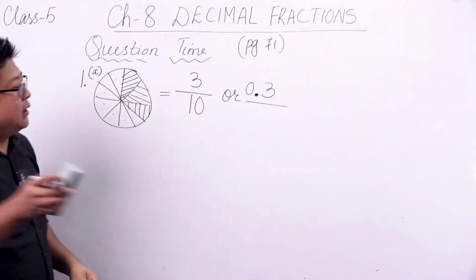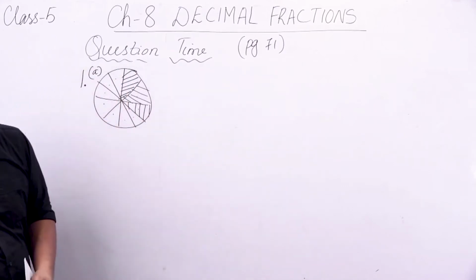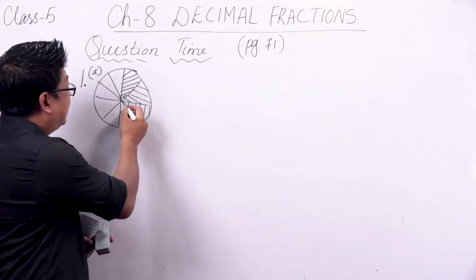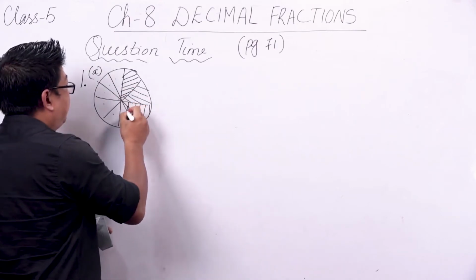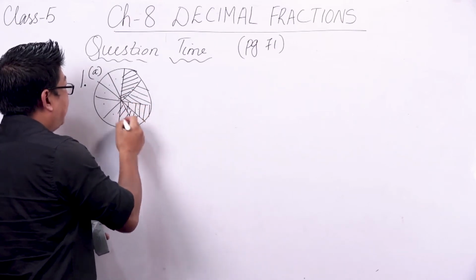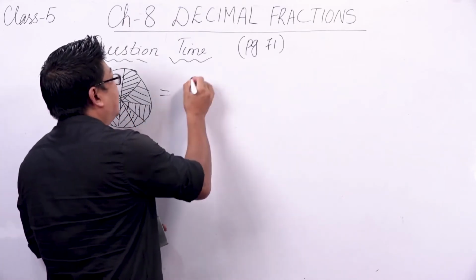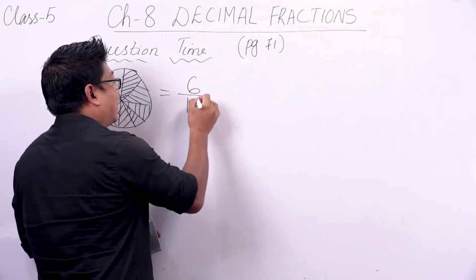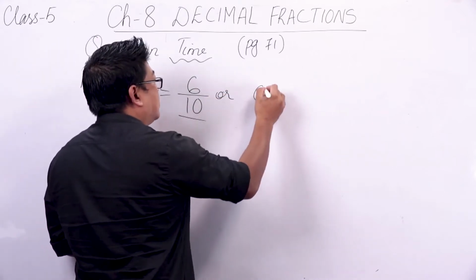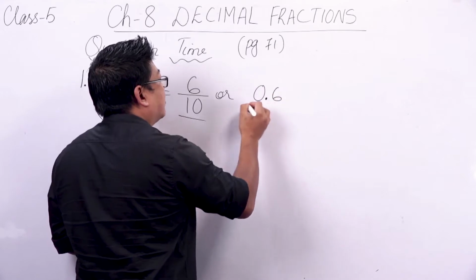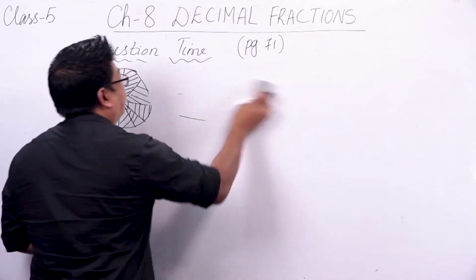Okay. Now let's look at C. C has 1, 2, 3, 4, 5, and 6 parts shaded. That means 6 by 10 because only 10 parts, or 0.6. We can do directly. All right. So I hope it's not confusing anymore.